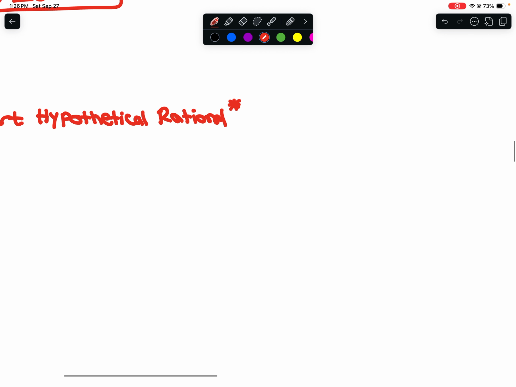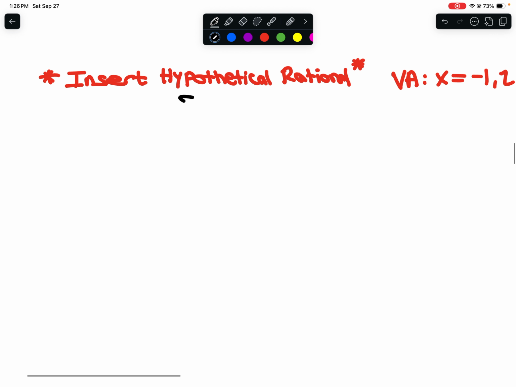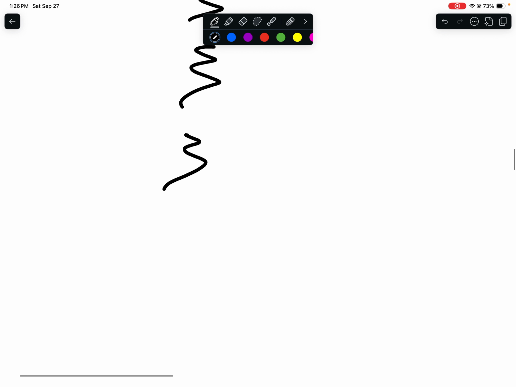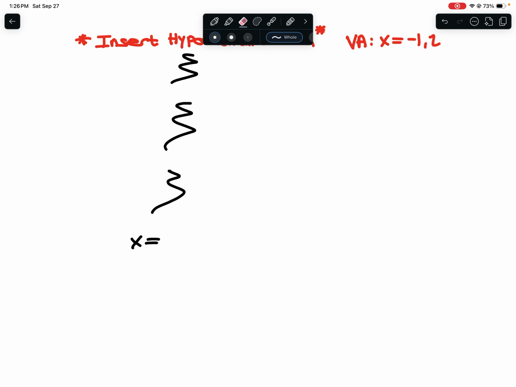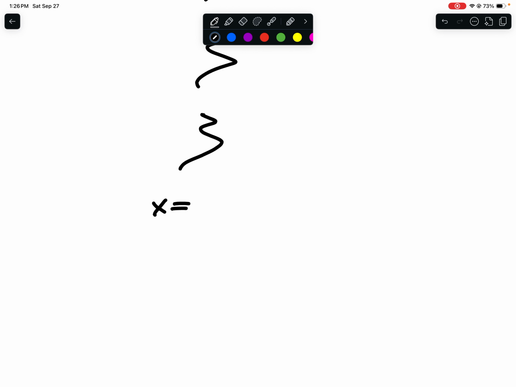Okay, and then let's say we get discontinuities at like -1 and 2. So blah, blah, blah. You solve it, you solve it, you solve it. And then you get x values of, let's say, -1, 3, and 5.